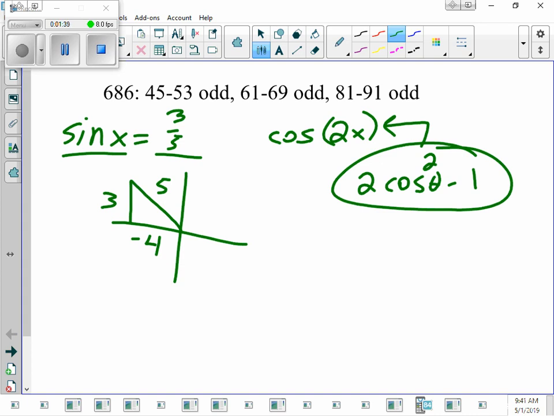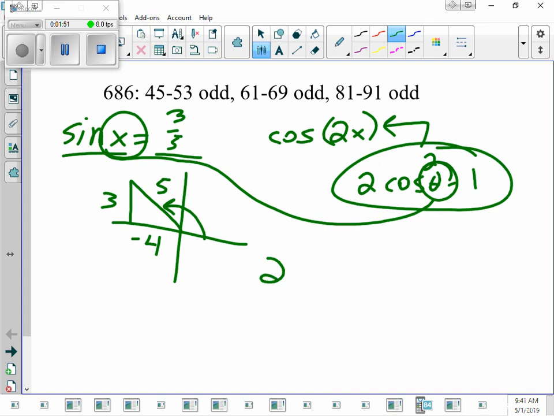So this angle here is the same as this angle here, which is this one. So 2 times the cosine, which is -4/5, squared, minus 1. Is everybody okay with that?